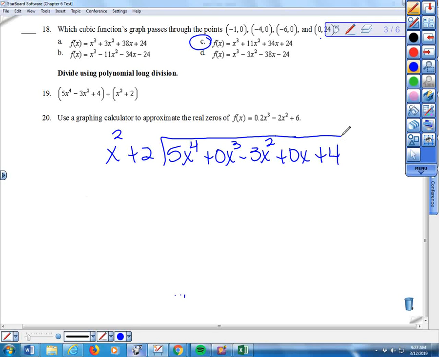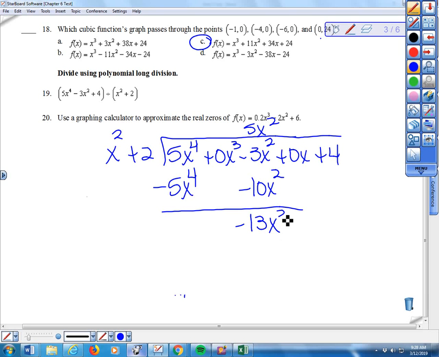So x squared goes into 5x to the 4th, 5x squared times, which is 5x to the 4th, and that's 10x squared. And I'm going to change the sign. So 0, 0, negative 13x squared. X squared goes in there negative 13 times. And I'm just going to bring my 4 down.